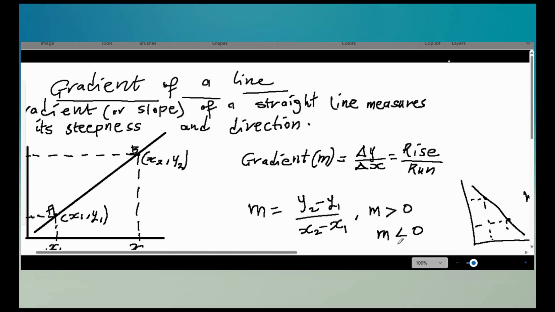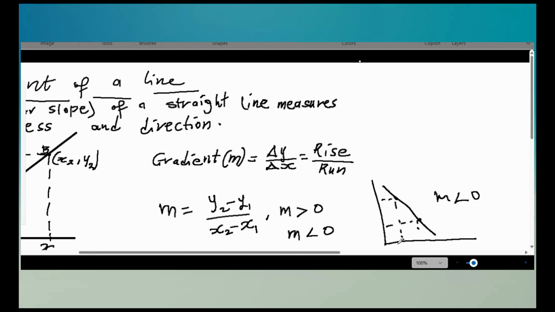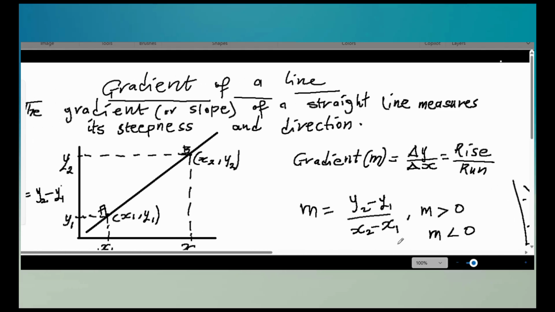Okay, but when your gradient is less than 0, then your line is going to move downwards to the right. Like this one where we have it, see, it's moving downwards to the right. That is when the gradient is less than 0. But if it is greater than 0, your line is going to move upwards to the right.